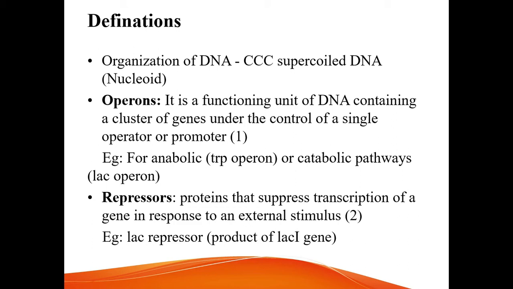CCC means covalently closed circle, and the DNA is obviously highly supercoiled. If you measure the length of the DNA, for example in Escherichia coli, it is measured in centimeters. But when the DNA is compressed, it is less than a micron.